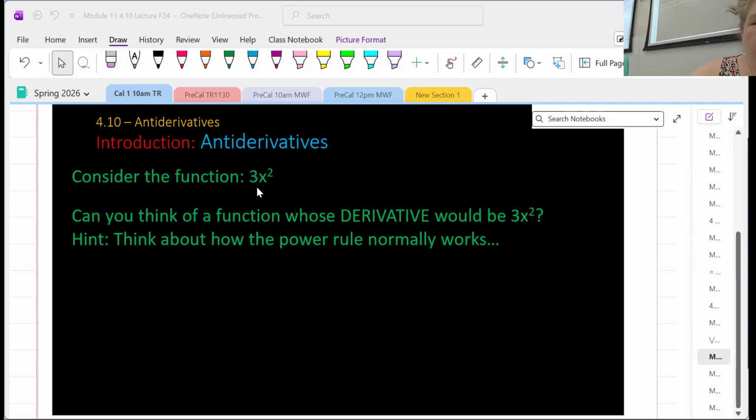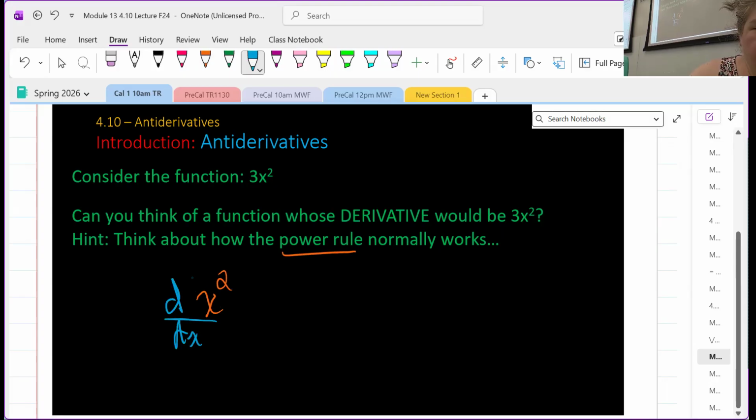So think about how our power rule normally works. So normally I have like x squared, and then the derivative of x squared is we bring the power down, and then we go 2x to the first.